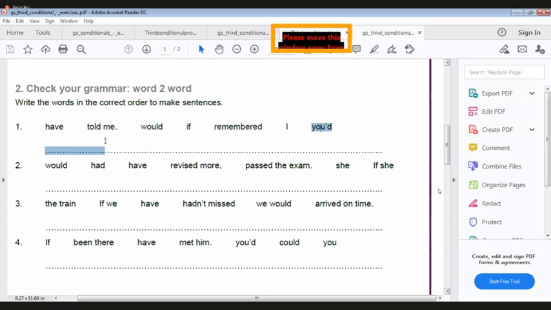It means if you had told me. So, I would have remembered if you'd told me, or if you had told me.